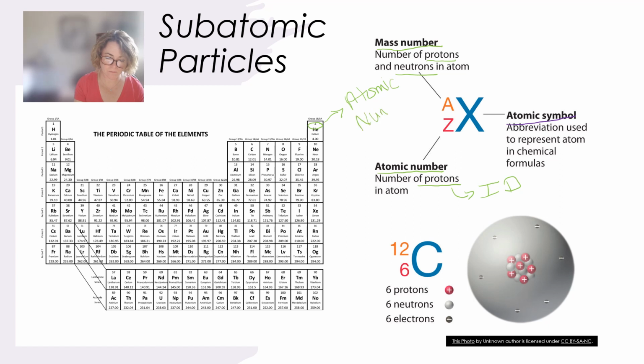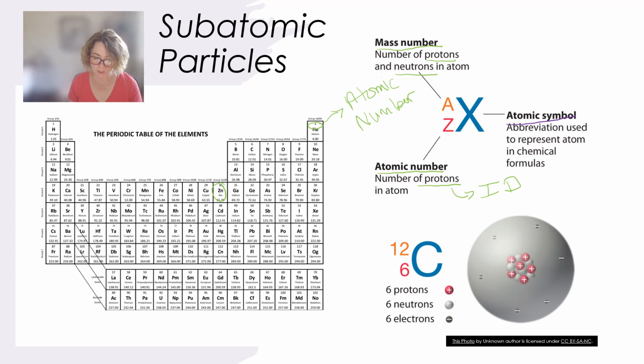Right there. Each element has its own unique atomic number. Hydrogen is number 1, helium's 2. If I told you that an element has 30 protons, you would know that was zinc.